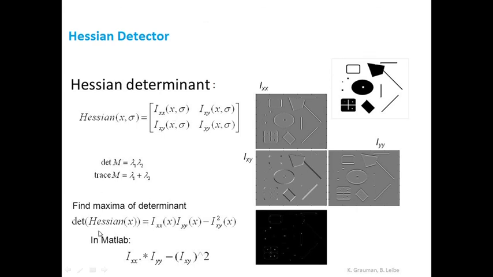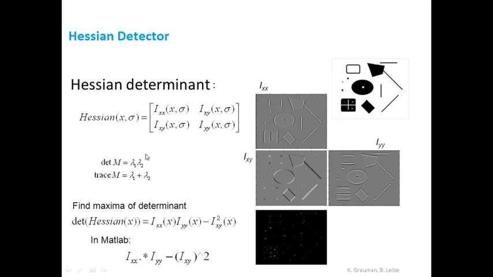The determinant of this Hessian matrix is Ixx(x) Iyy(x) minus Ixy squared(x). Here Ixx is the second partial derivative in the x direction, Iyy is the second partial derivative in the y direction, and Ixy is the mixed partial derivative in the x and y directions.